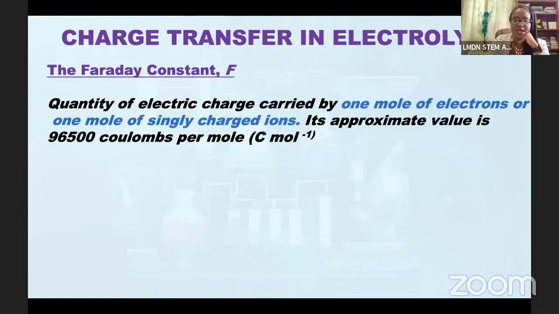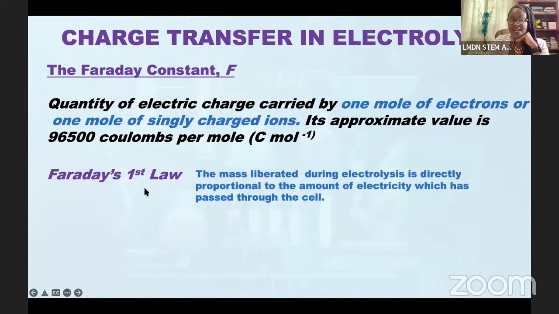So Faraday's first law is saying that the mass of stuff you get, whether by oxidation or reduction, is directly proportional to the amount of electricity which has passed through the cell. Directly proportional means that if one thing happens to this, the same thing happens to the other.